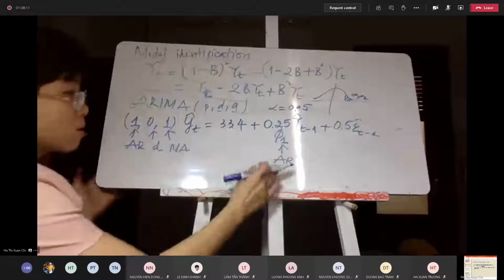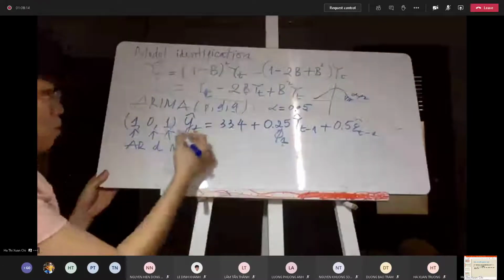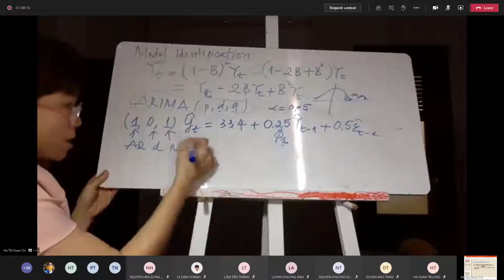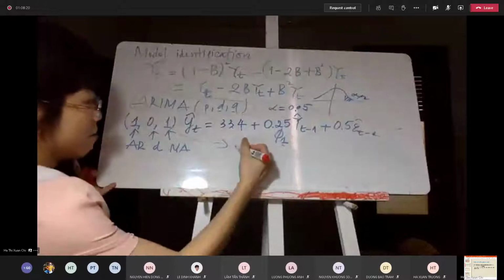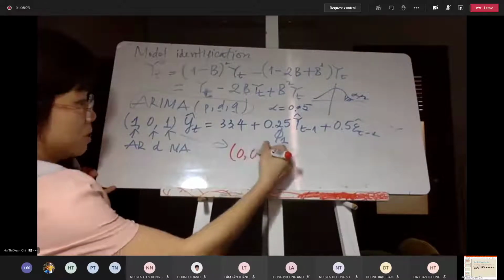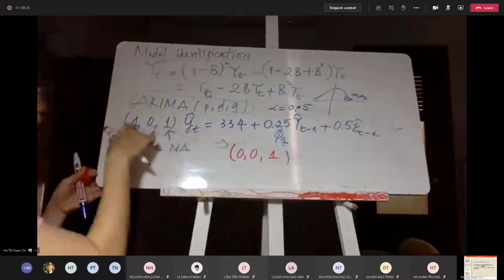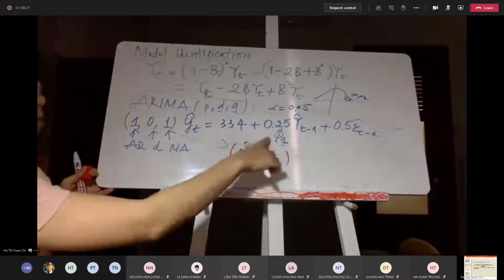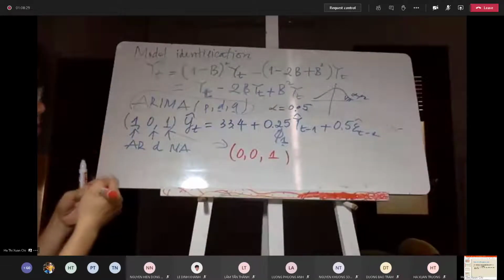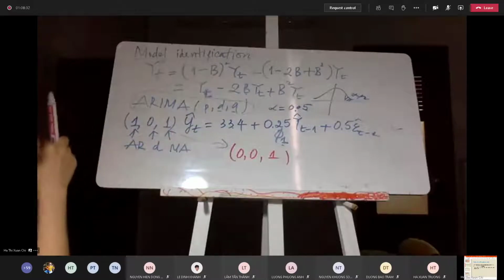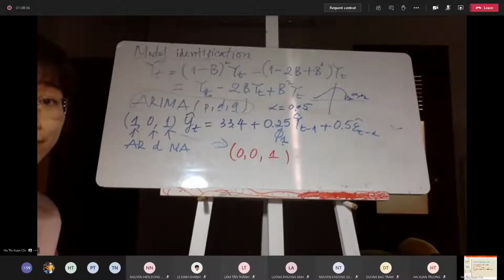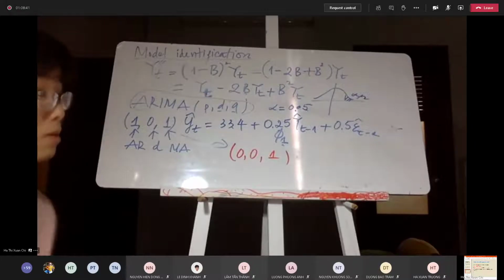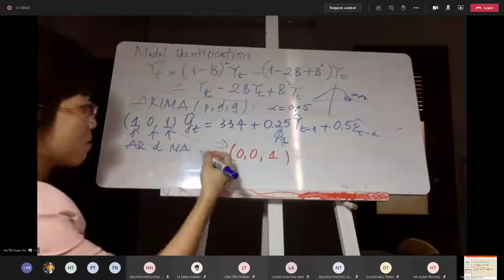So the model right now becomes what? 1, 1, 0, 1. We transform that to become 0, 0, 1, because we eliminate phi1 out of the regression model. So you have the theta1.